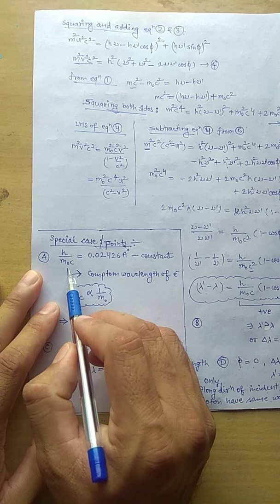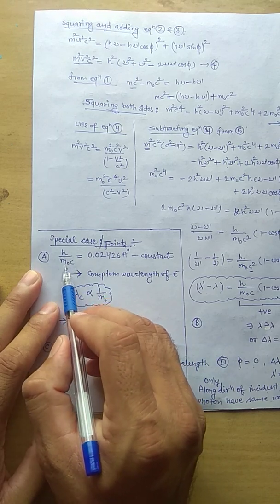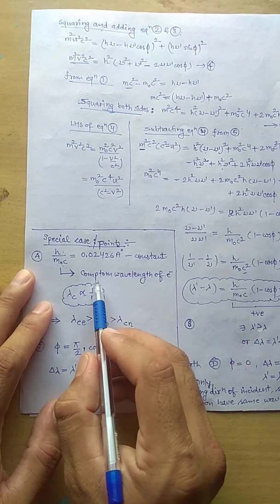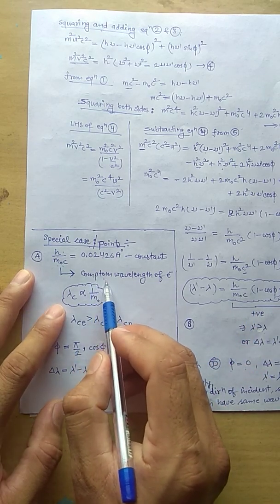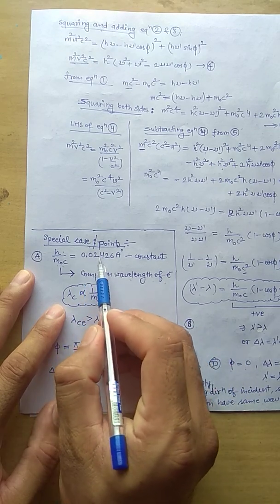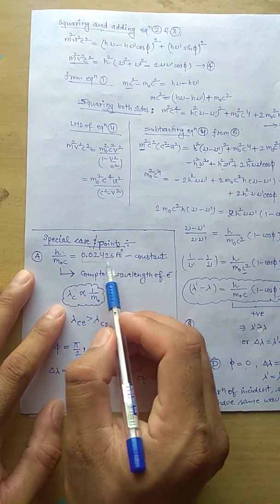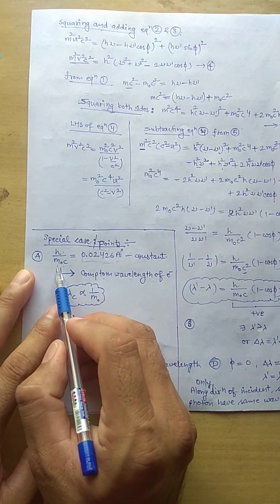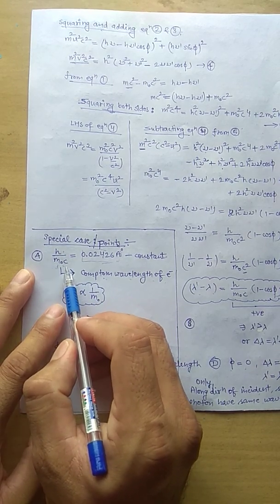So another special point is h by m naught c. You can see all these are constant quantities, and this constant is equal to the Compton wavelength of the electron. Okay, and this constant value comes out to be equal to this value when you substitute the value of h, Planck's constant, mass of the electron, and c, speed of light.